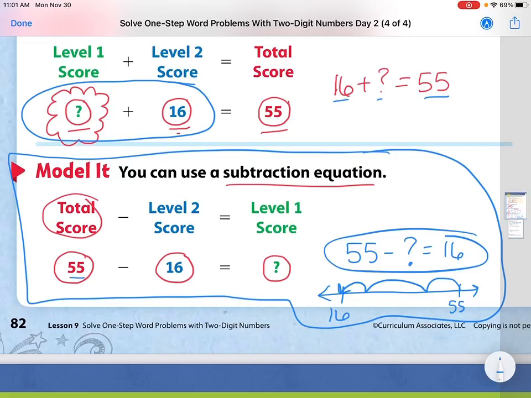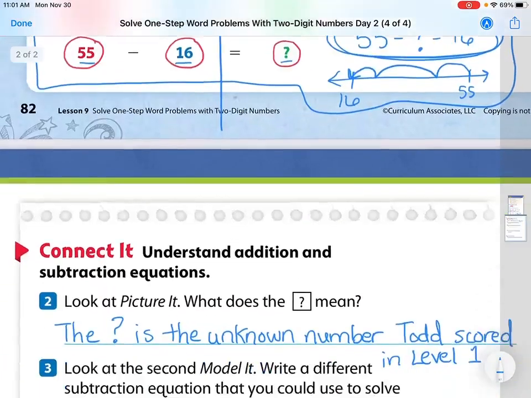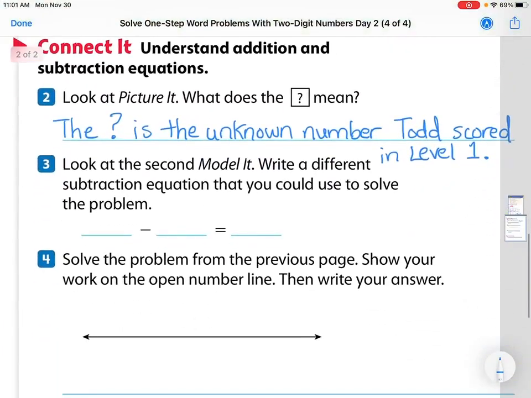See, they did 55 minus 16 equals question mark. Remember, I went ahead and did that for us. So our new equation is 55 minus question mark equals 16.